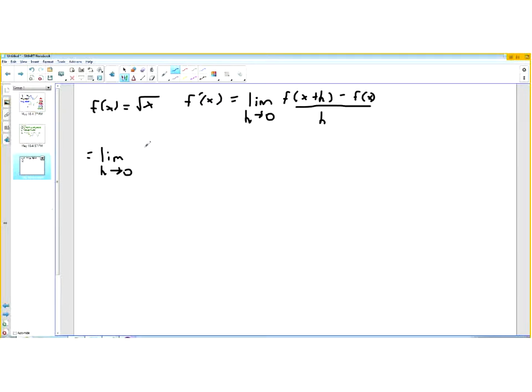So that would be the square root of x plus h minus the square root of x over h, and we'll simplify this. So I'll multiply upstairs and downstairs by the conjugate of the numerator.